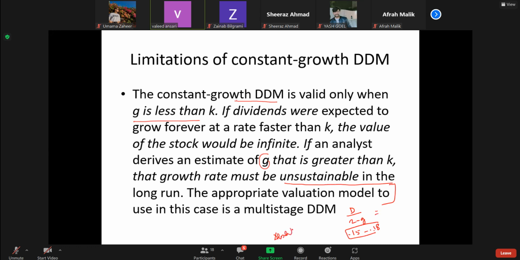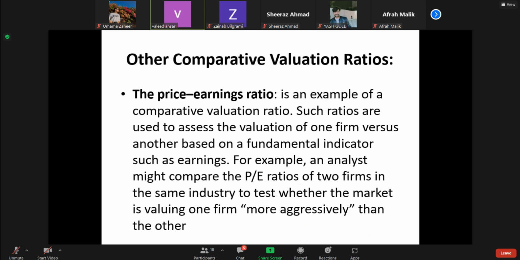And you are trying to value a company in isolation from other companies. You are not comparing with other companies. There are some methods like P/E ratio, book value to market value, price to cash flow, and others, which we call relative valuation or comparative valuation.